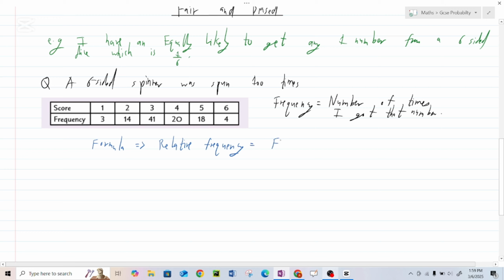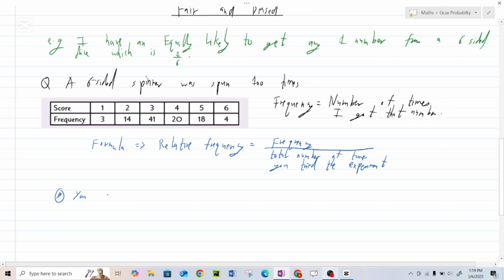It is equal to the frequency divided by the total number of times you tried the experiment. Okay, now you can use the relative frequency as an estimate of the probability. I'm going to explain what that means as well.